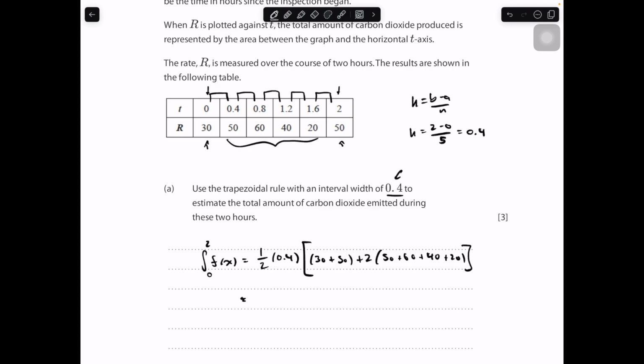So actually, one thing, this should be an estimate because that's what our trapezoid rule is. I'm going to work it out on my calculator right here. 50 plus 60 plus 40 plus 20 times 2 plus 80, and then times 0.5 times 0.4. Okay, I'm getting a value of 84.